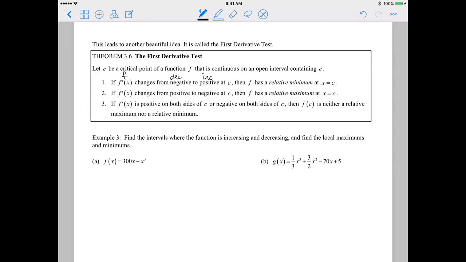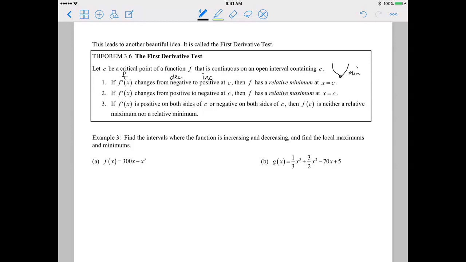And I know that if a function changes from decreasing to increasing, then I'm going to get a relative minimum. Obviously, I drew the wrong thing there, so I'm going to erase that and draw what I meant to draw, which is to go from decreasing to increasing, which creates my minimum.